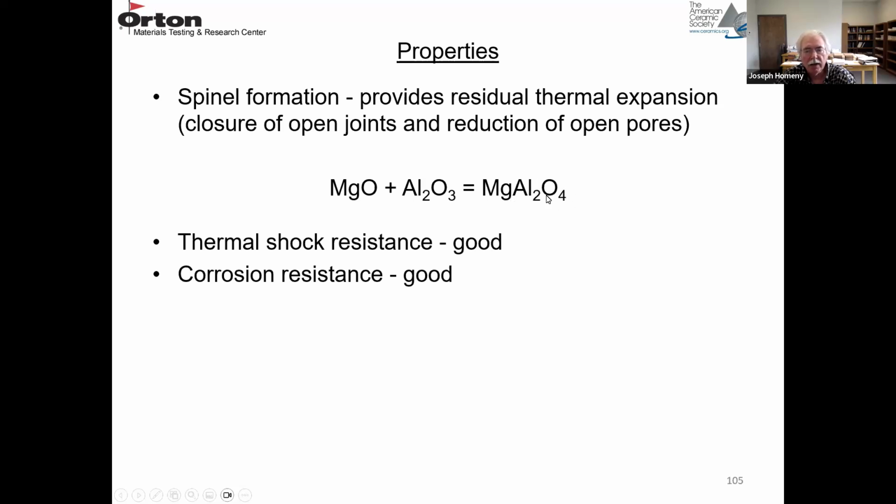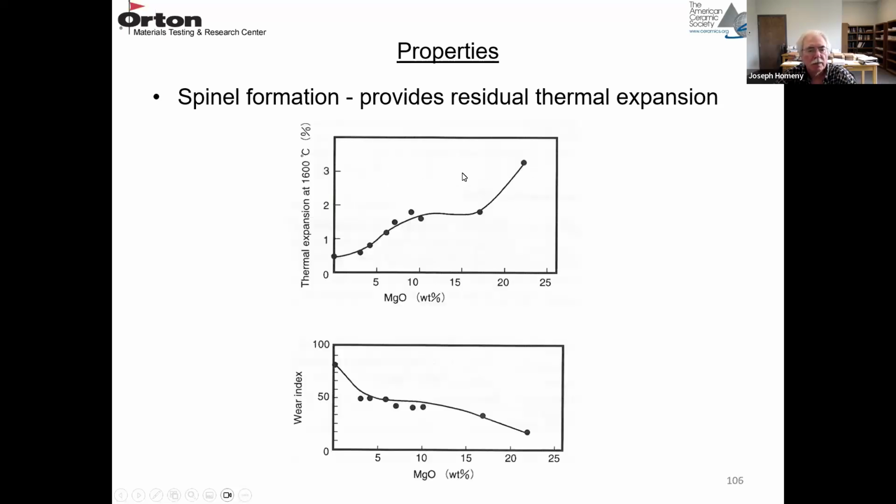So the product expands, and when you're lining a ladle, that closes open joints. And also this expansion reduces the open porosity. Spinel has pretty good thermal shock resistance and pretty good corrosion resistance. So the spinel, when it forms, provides this irreversible thermal expansion behavior, or residual thermal expansion.